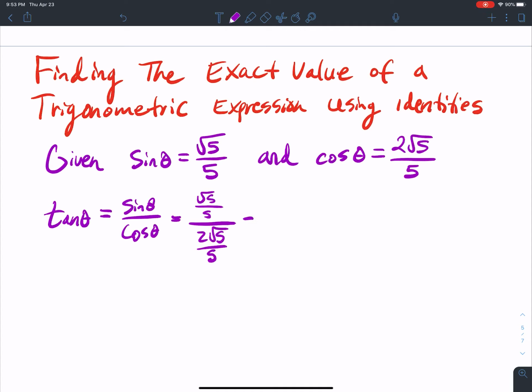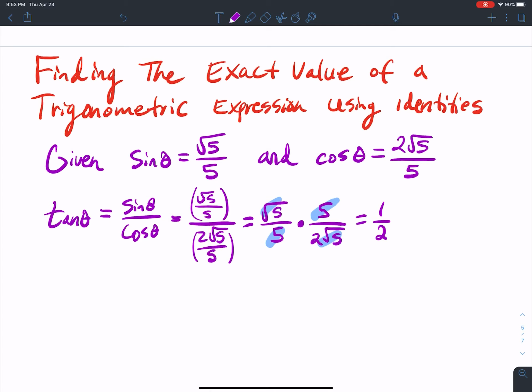Now with fractions divided, keep, change, flip. So keep the numerator the same, change from division to multiplication, and then flip the denominator, do the reciprocal, 5 over 2 square root 5. So 5's cancel, square root 5's cancel, and so what do I have left? I have 1 over 2. So tangent is 1 over 2.